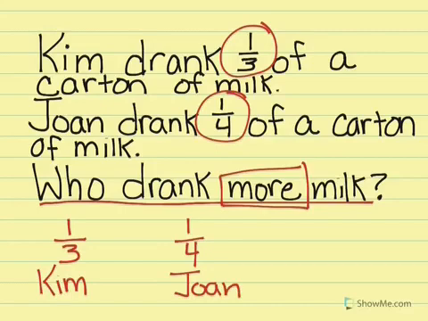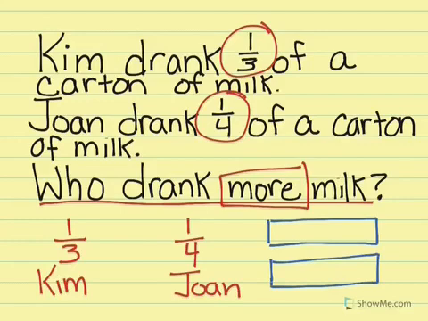So I want to know who drank more. So one way to solve this would be to draw 2 bars. So the first one I'm going to break into 3 equal parts to show Kim. And Kim drank 1/3. So I'm just going to shade that in.